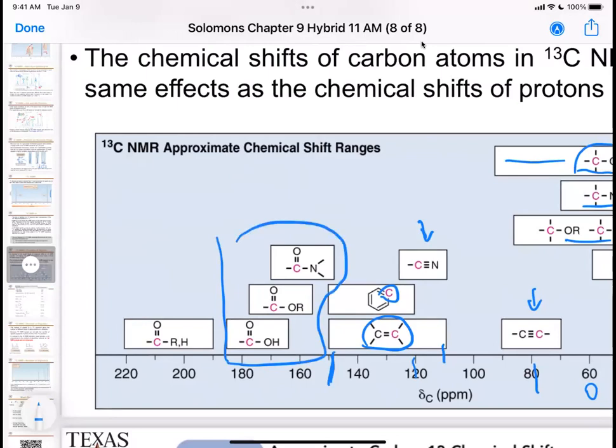Okay. And now we have the next group here. These are carbonyls that have an electronegative element attached to the carbonyl. So that's your amides, your esters, and your carboxylic acids, which are all higher than benzene, 150 to 185. And then the only things that are above 200 here are aldehydes and ketones.